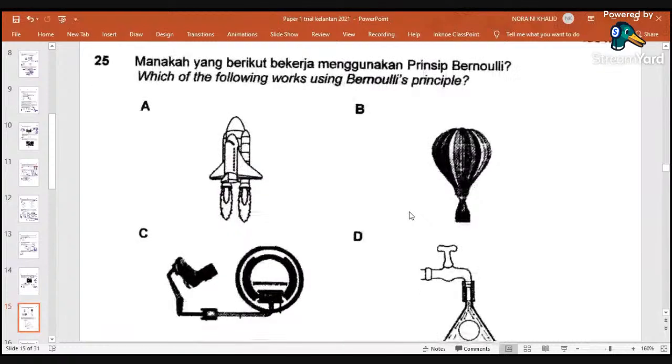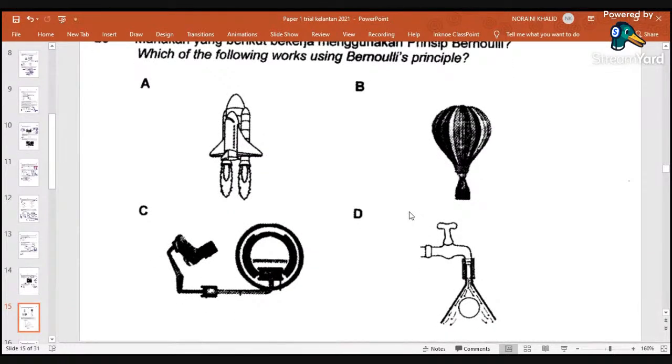Number 25, Bernoulli's principle. Bernoulli's means when speed is higher, pressure is lower, and vice versa. The rocket is the momentum concept. The brake here is Pascal. This is Archimedes for the hot air balloon.